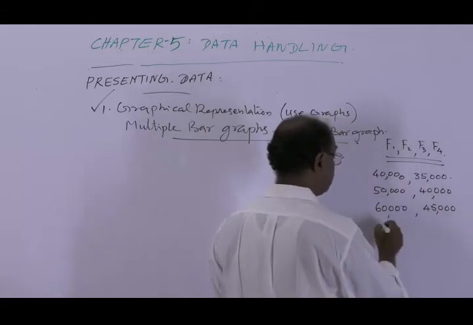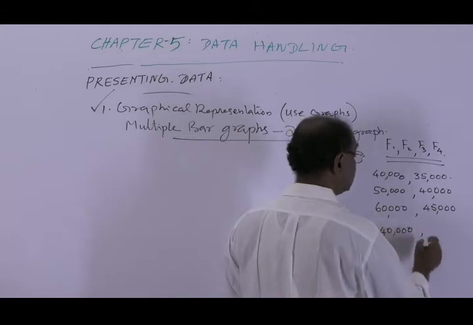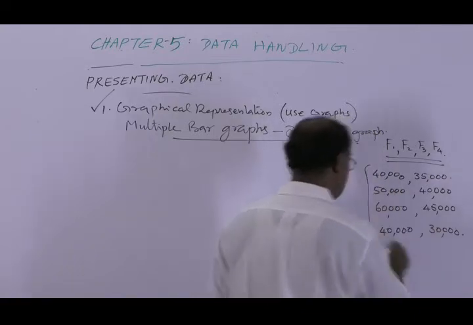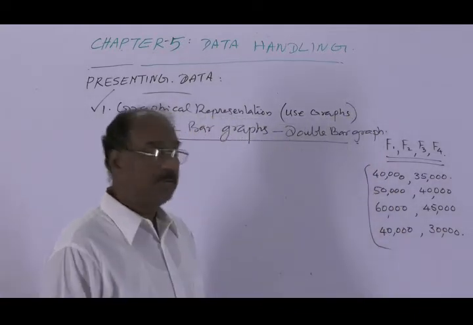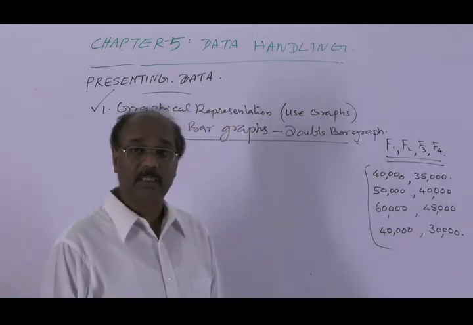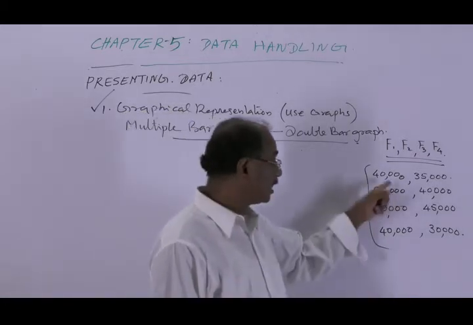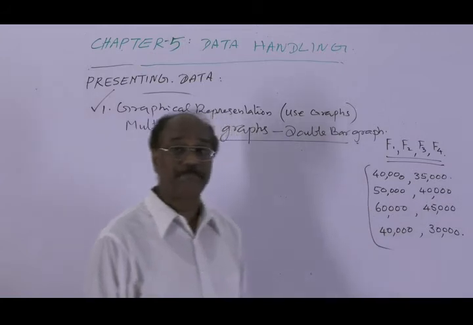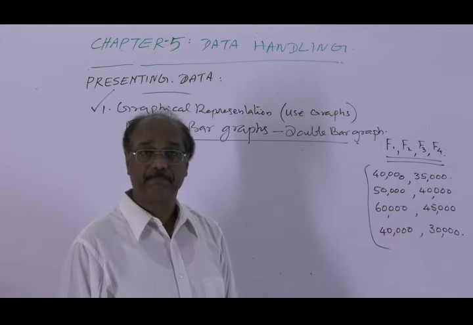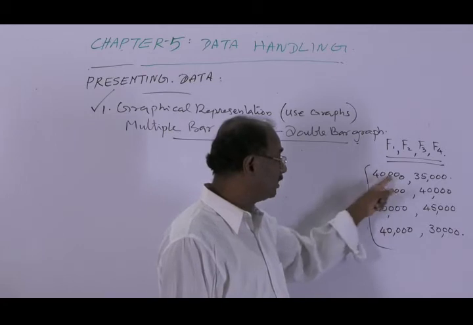And the fourth family, say 40,000 and expense equal to 30,000. So suppose these are the income and expenditure of these 4 families. Then we construct the bar graph by constructing bars corresponding to each observation. For the first family, there will be 2 adjacent bars with heights proportional to 40,000 and 35,000.